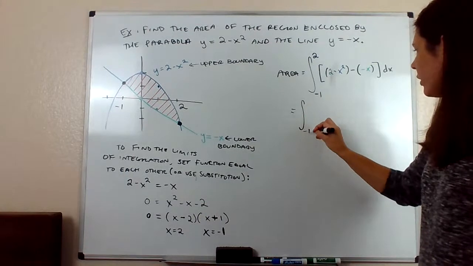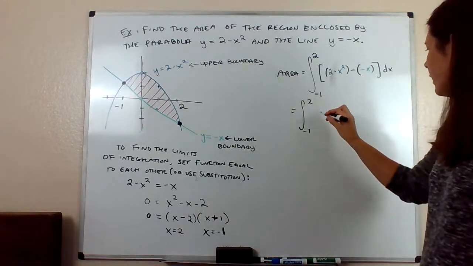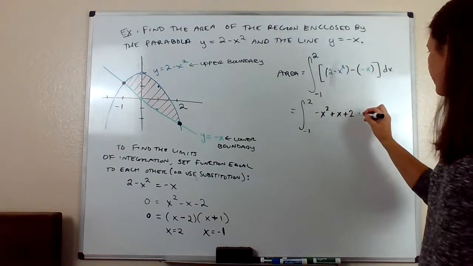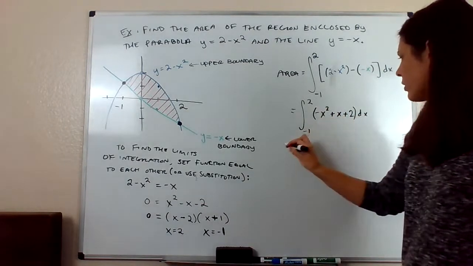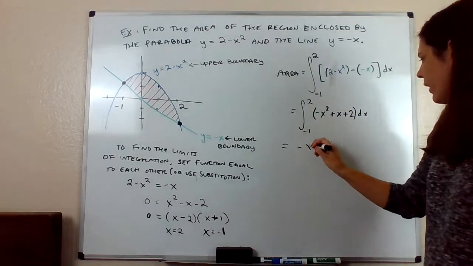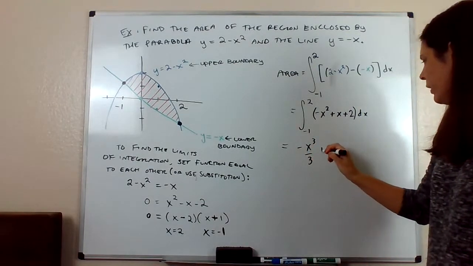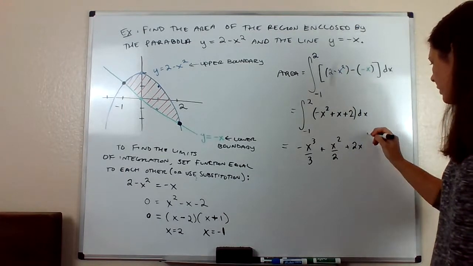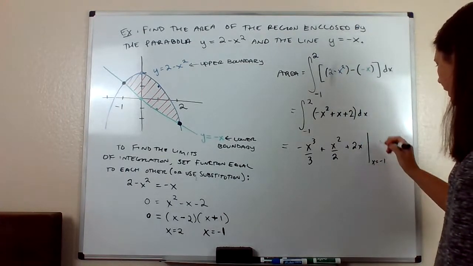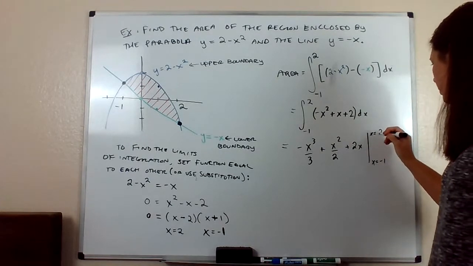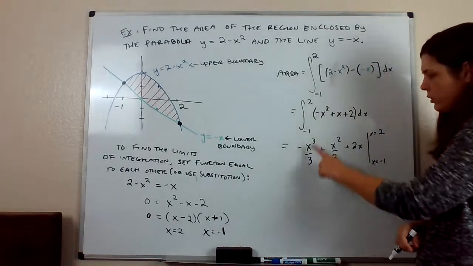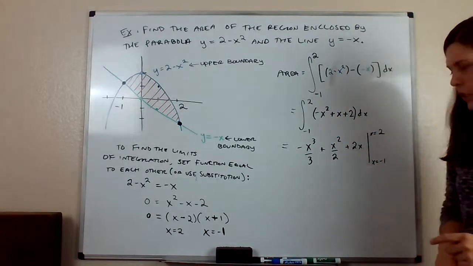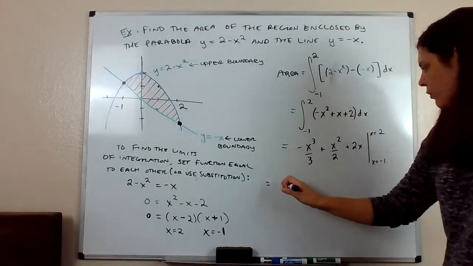If I simplify my integrand, this is going to be negative x squared plus x plus 2. And if we use our power rule, this is negative x cubed over 3 plus x squared over 2 plus 2x evaluated from negative 1 to 2. Now I'm going to plug in my limits of integration and then simplify.